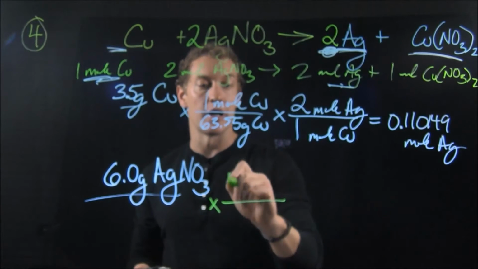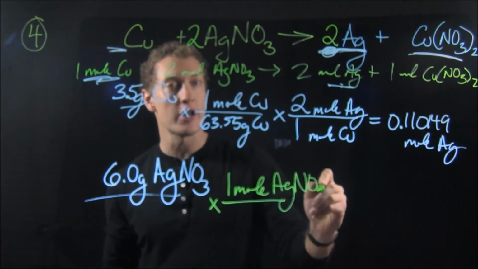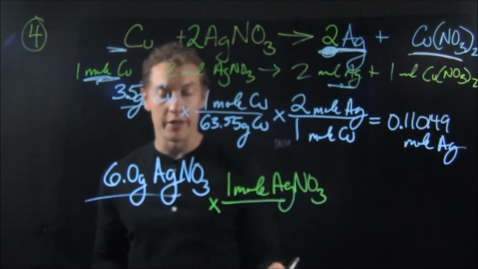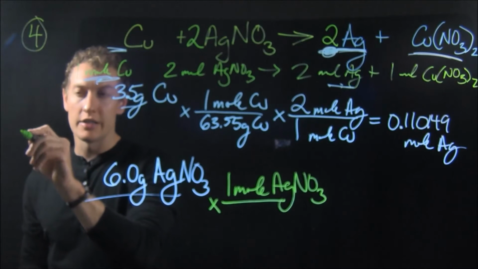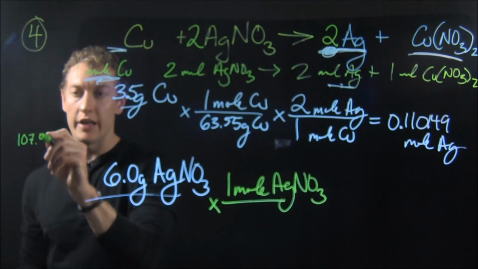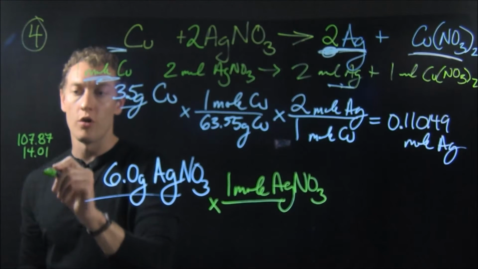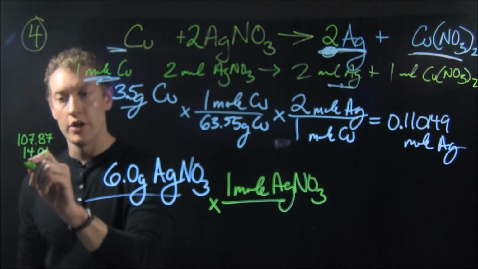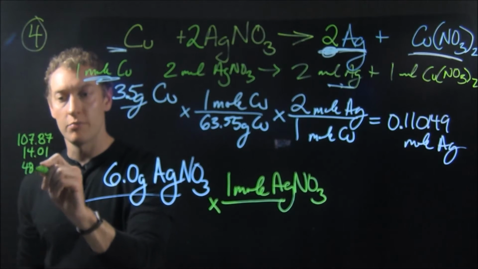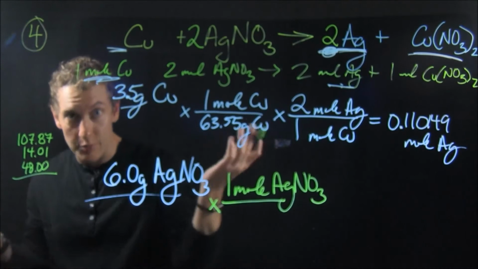We'll multiply it by 1 mole of silver nitrate for every so many grams. We can kind of tally it up over here. So silver is 107.87, nitrogen is 14.01, and then there are 3 oxygens, each at 16.00, so that would give us 48.00, and we got all those from the periodic table, right?